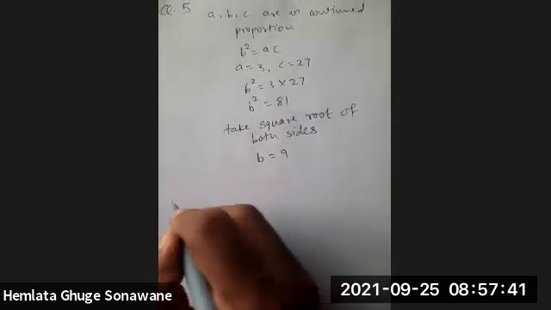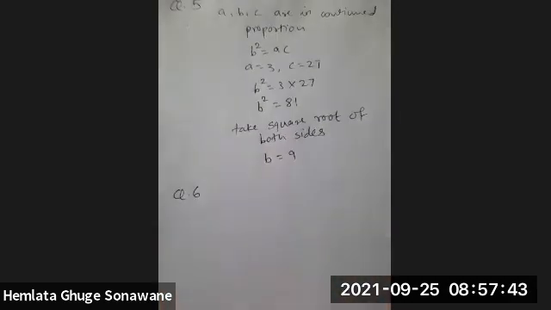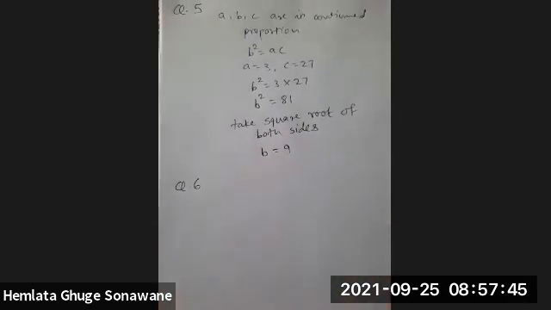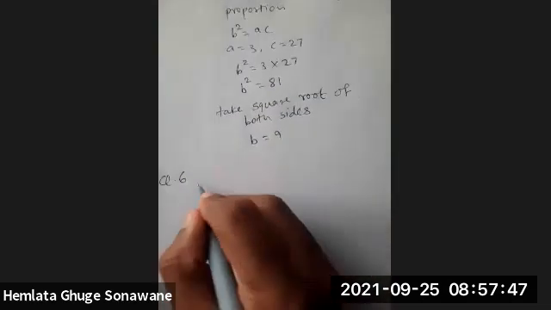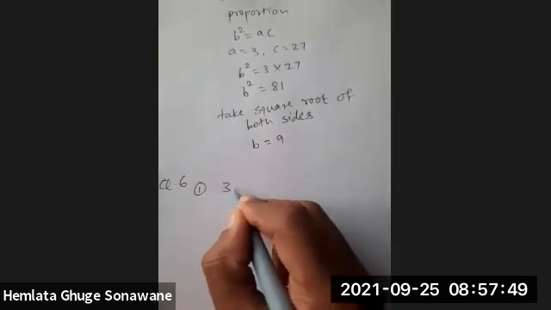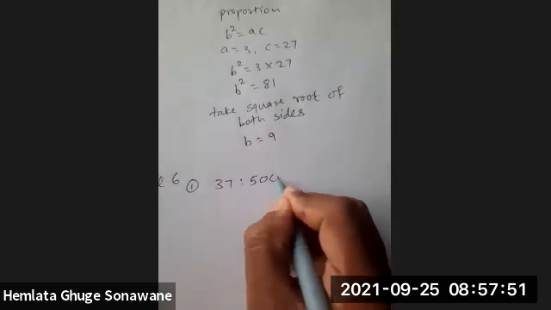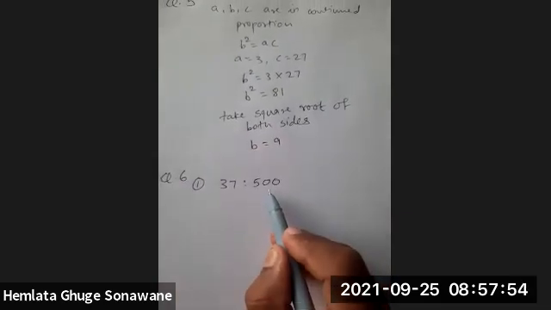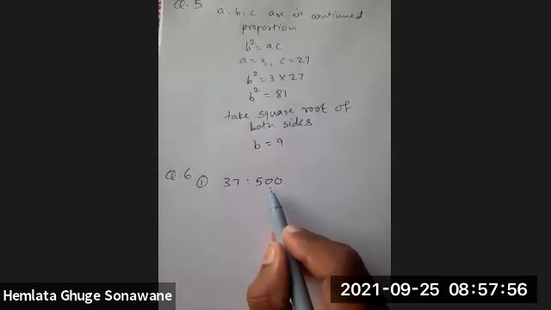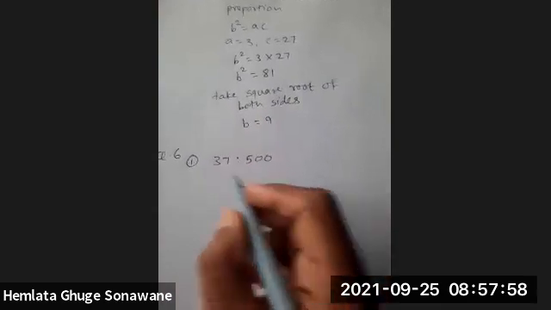We'll take the next question. Question number 6. Convert the following ratios into percentage. First one is 37 as to 500. This 500 we can convert into 100 by dividing by 5.